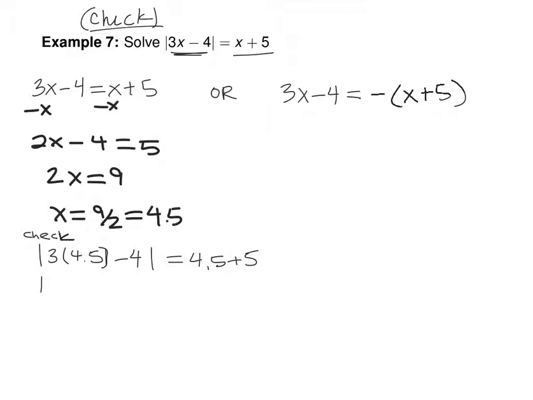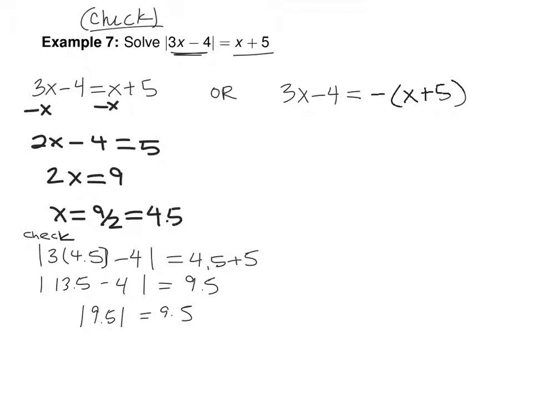So without a calculator, what is 3 times 4.5? 13.5. You could do 4 times 3 is 12, and then 3 times 0.5 is 1.5. What does the right side equal? 9.5. And what's 13.5 minus 4? Okay, so does the absolute value of 9.5, does that equal 9.5? Yes.